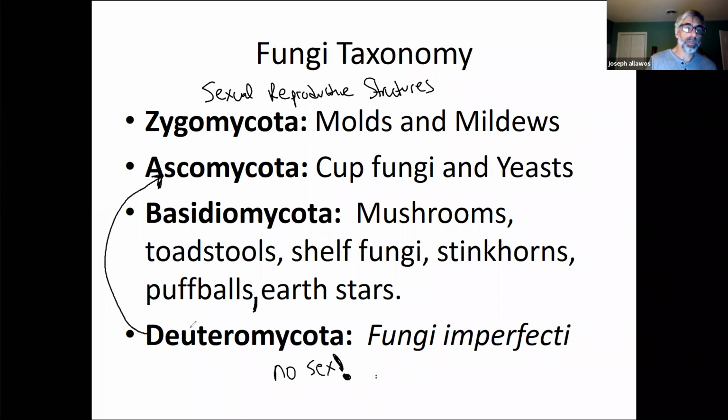And so some people want to get rid of the deuteros and put them all in the ascomycota based upon very similar asexual reproductive strategies. But for our purposes, we're going to separate them out. Okay. And then at the end, we'll talk about things that are on the fringe, like slime molds and water molds. They're sort of fringe organisms. Okay. They don't quite fit.